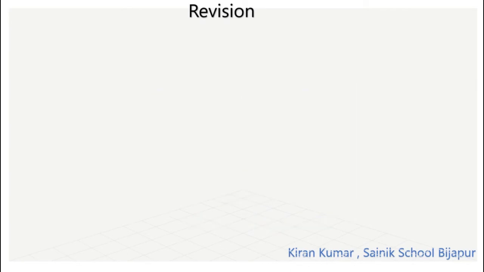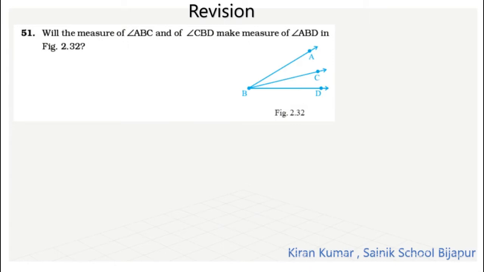Question number 51. Will the measure of angle ABC and the measure of angle CBD make the measure of angle ABD in the figure 2.32? Look at the measure of angle ABC added to the measure of angle CBD.